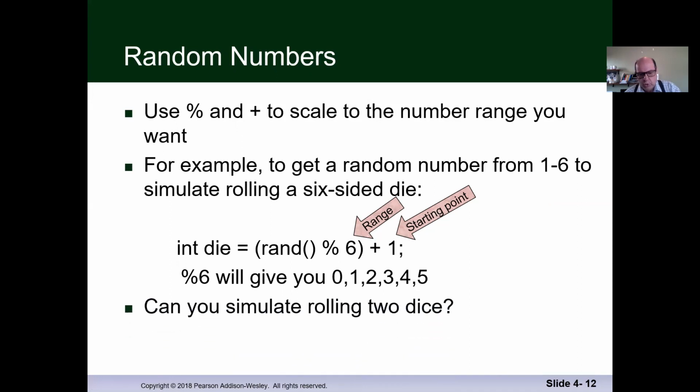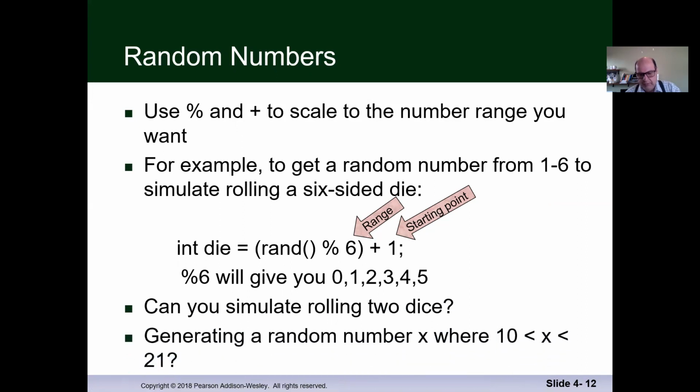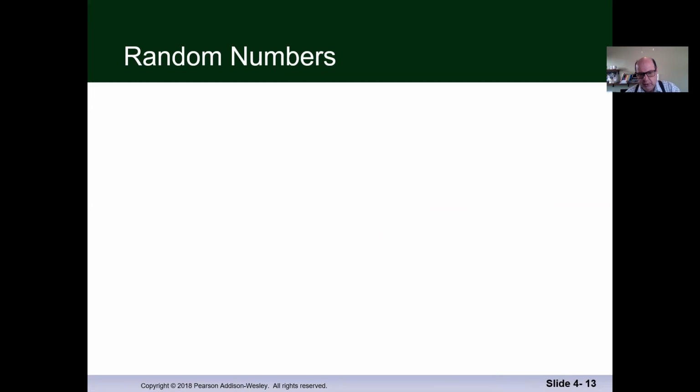So what about if I want to do 2 dice? How is that going to happen? What about if I want to do x greater than 10 and less than 21? How is that going to happen? So let's think about it for a minute, and then we can work on it together.